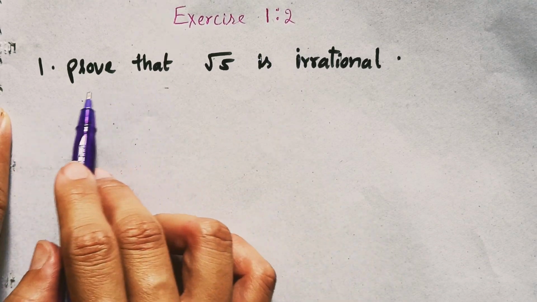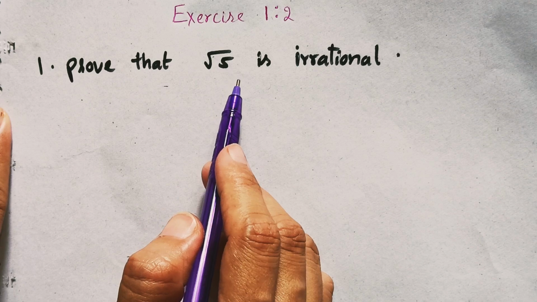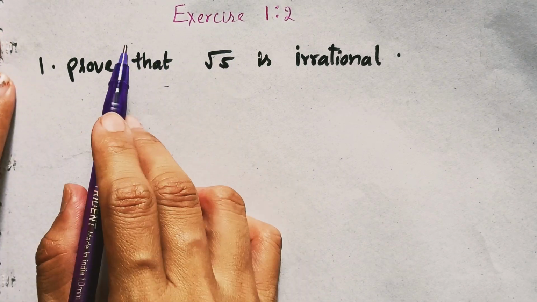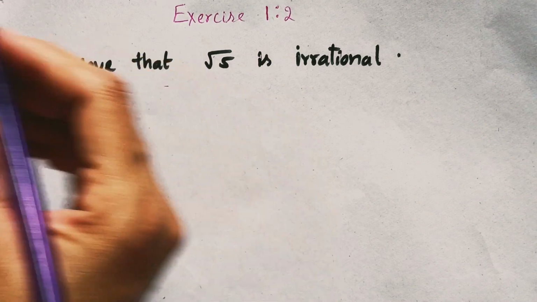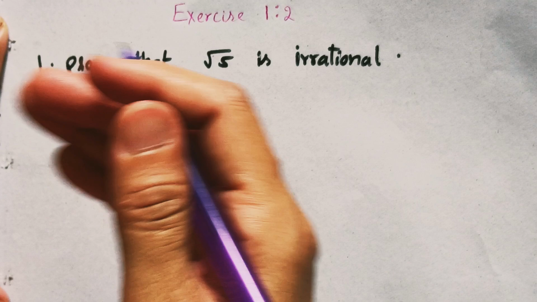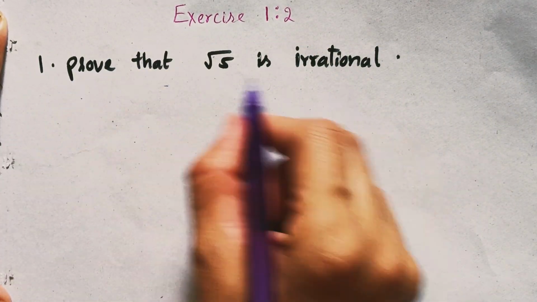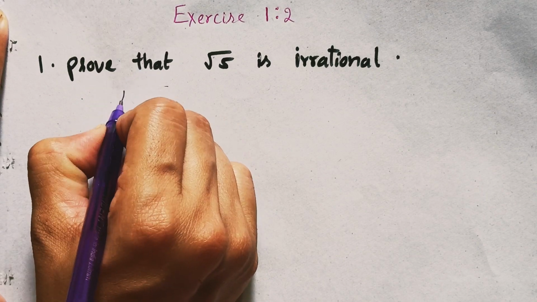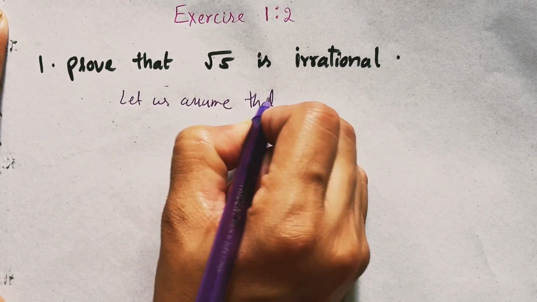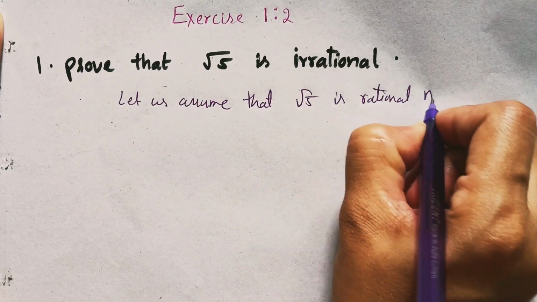So the next exercise is exercise number 1.2. Here the first problem is: prove that root 5 is an irrational number. This type of problem we have done in the theorems. Root 2 and root 3 we have already done, so you can write it the same as the theorems. Still I will tell you here so that it will be revised for you. If we have to prove that root 5 is irrational, first of all we'll assume that root 5 is a rational number.